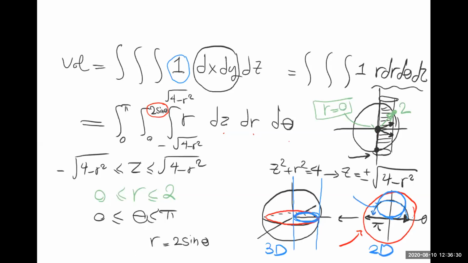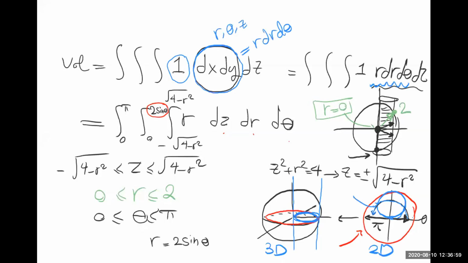But here it would be easier to do it using cylindrical coordinates. In cylindrical coordinates, the variables are r, theta, and z. So I should use dr, d theta, and dz. We saw in the previous example that dx dy is equal to r dr d theta. So instead of dx dy, I can just write r dr d theta, and there we have dz.